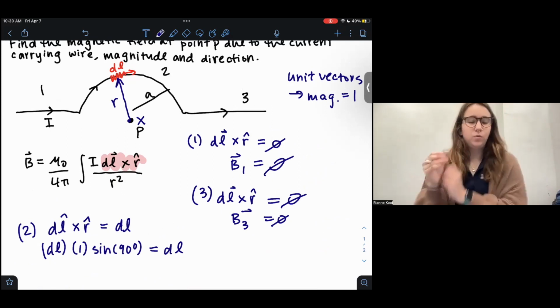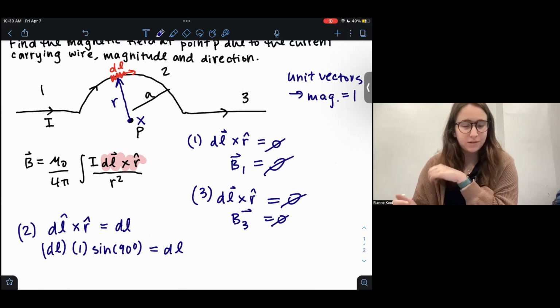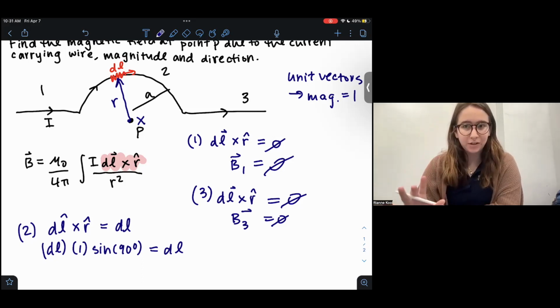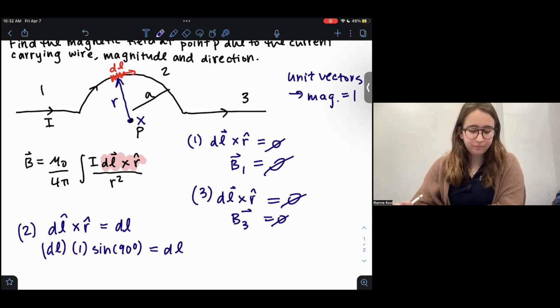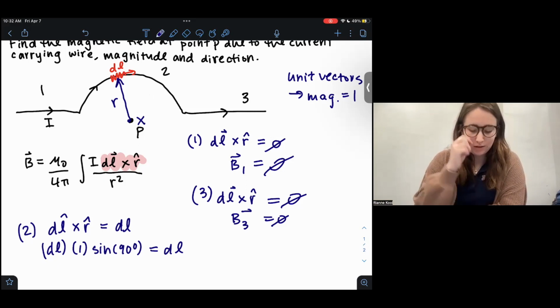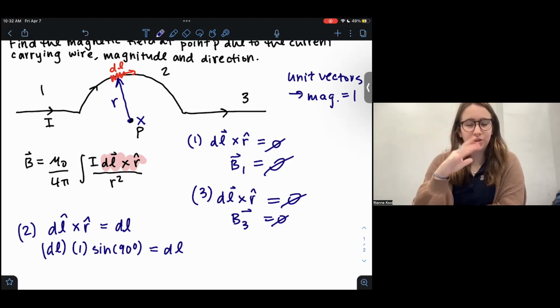So right now we have this integral, and it's in terms of r, but we want to rewrite this to be in terms of something else. We want to define our dl in terms of r. I'm actually just going to say that it's r. So disregard the idea that that is with radius A. Let's just call it r.